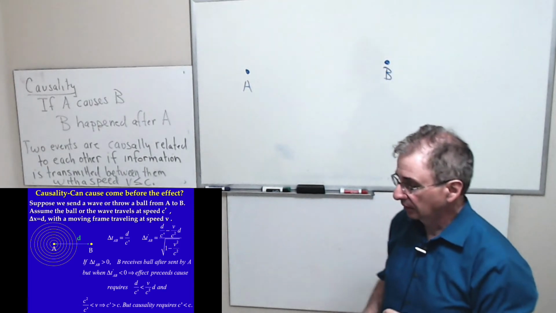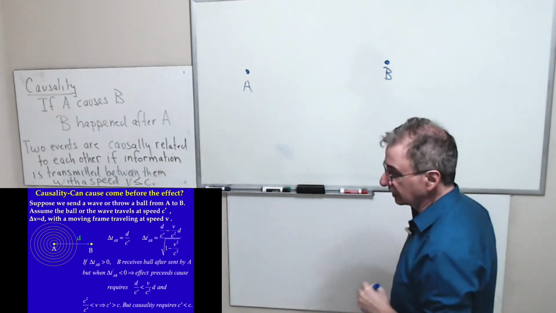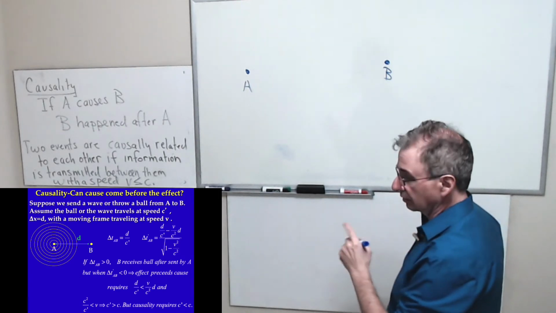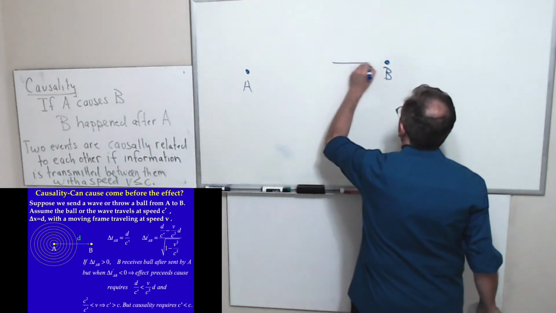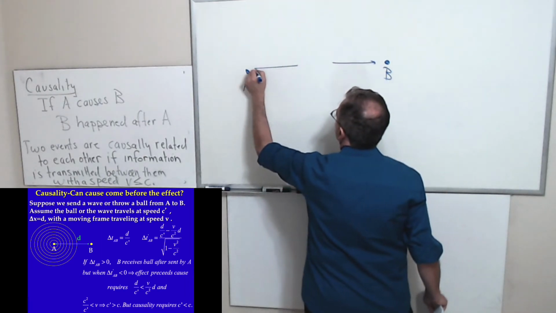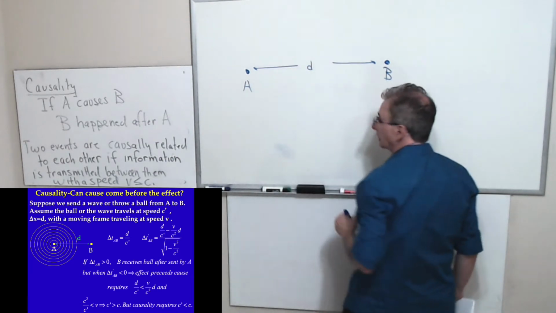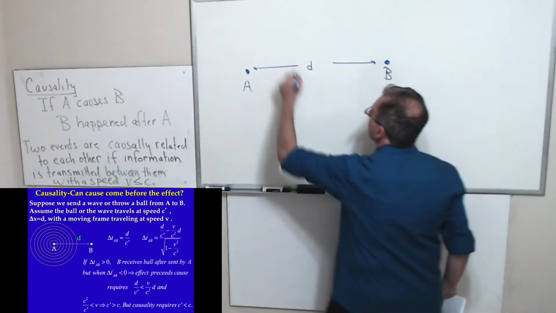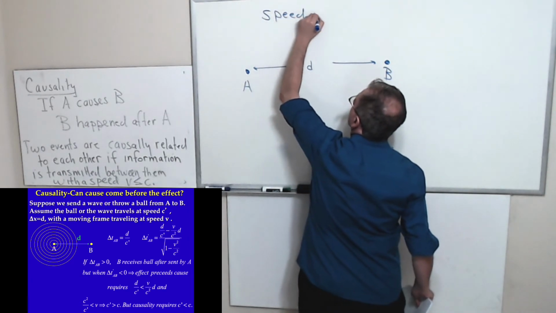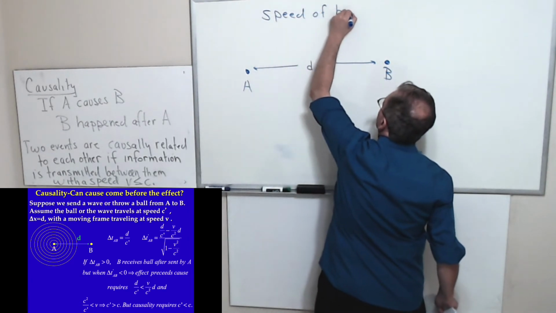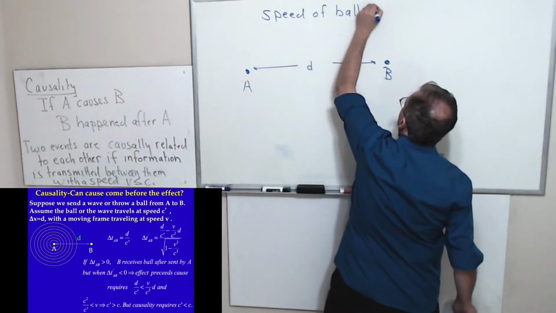And let's say the distance between the 2 points is D. And let's say the speed of the ball is C prime.